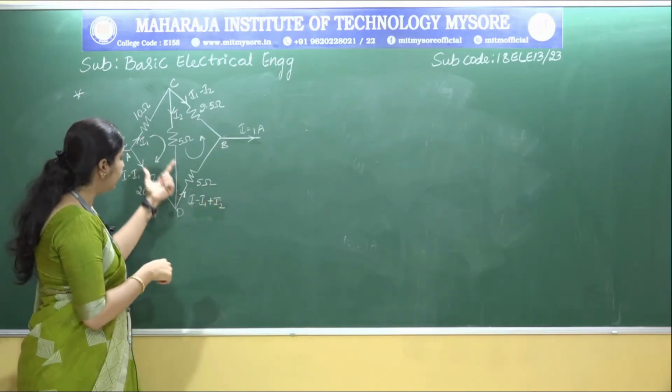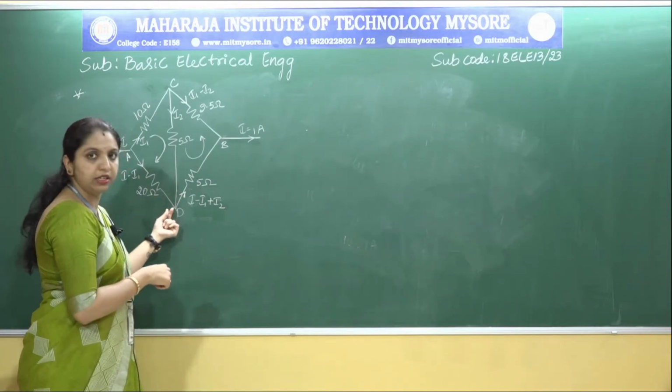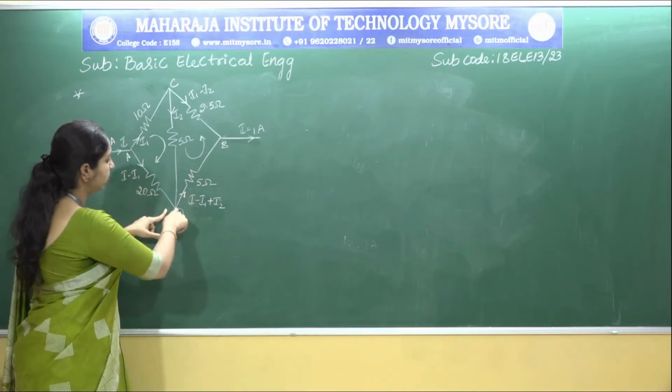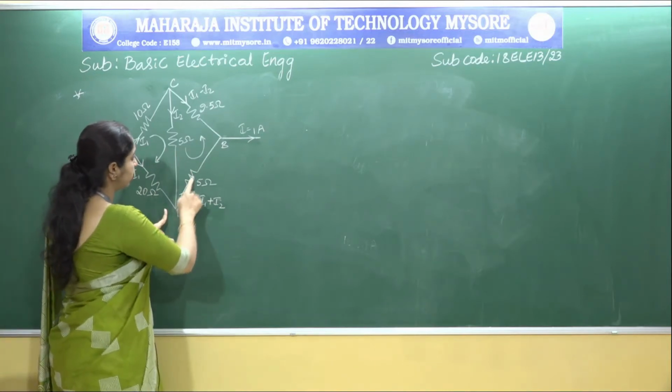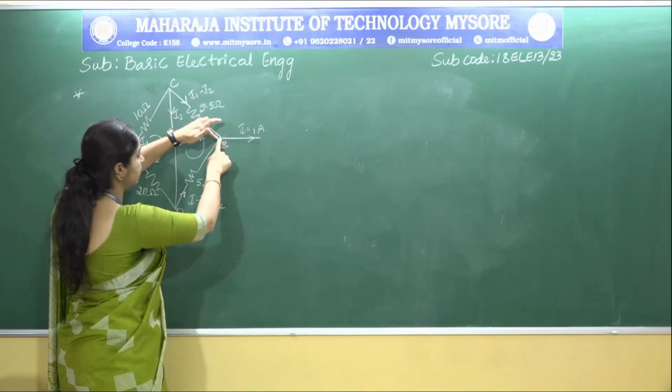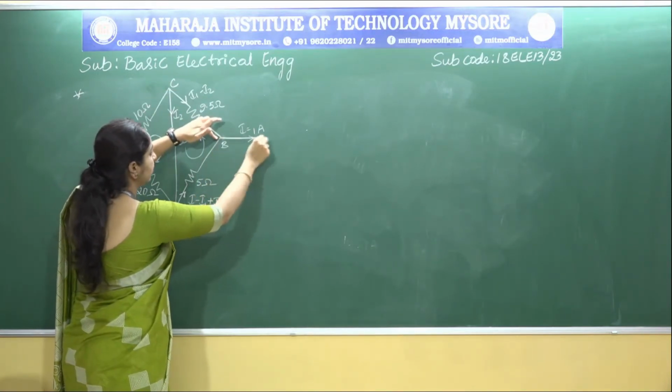So let us call this current I minus I1 plus I2. Why is it plus I2? Because the I2 current is also entering the junction, so both the currents get added. Look at the direction: this current is entering this junction and this current is also entering the junction. Then what is the equation here?